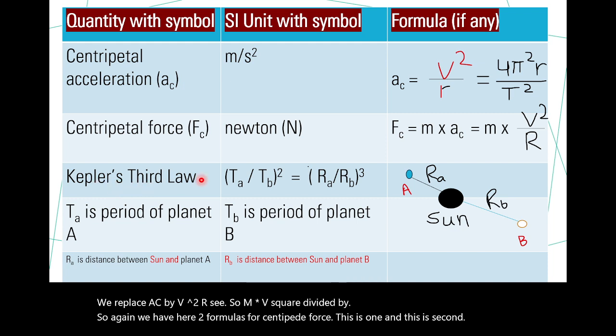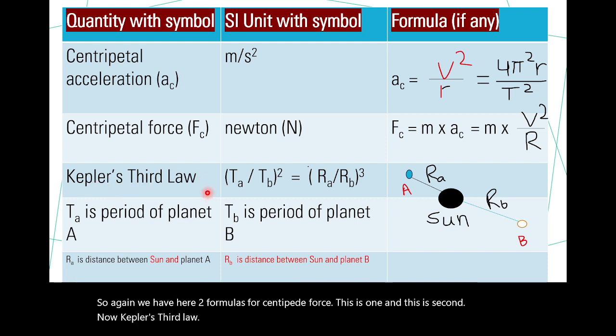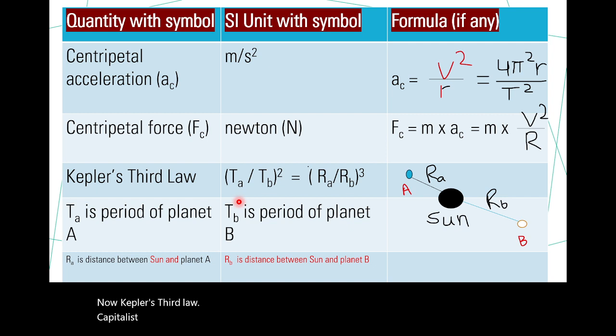Now Kepler's third law. Kepler's third law is about the time period of the planets and the distance between the planet and the sun.